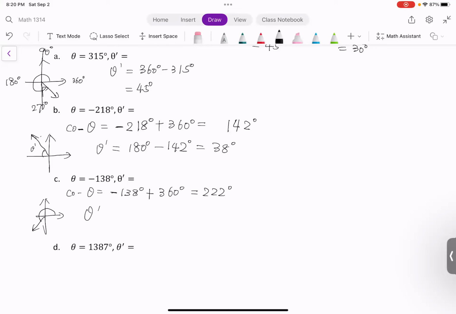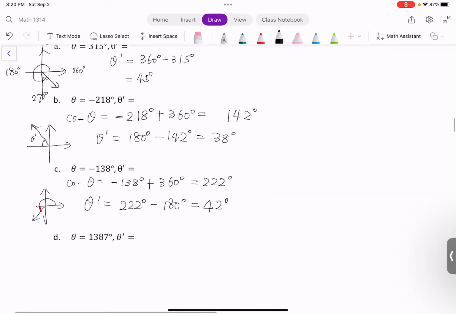In the third quadrant, the reference angle is 222 minus 180, which is 42 degrees. So the reference angle here is 42 degrees.